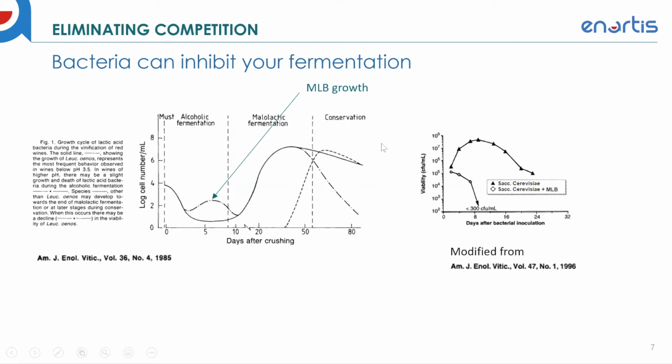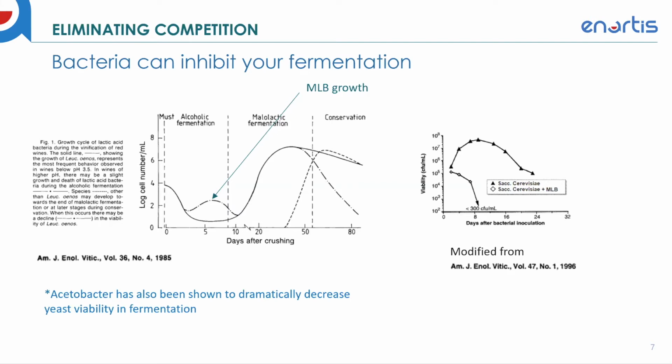And we've seen this many times in stuck fermentations. When we look at the PCR results or the microbial loads on the fruit, we often see some sort of malolactic bacteria or Acetobacter present on the fruit. And so the competition between the malolactic bacteria and the Acetobacter is actually driving the sluggish, stuck fermentation in that case.